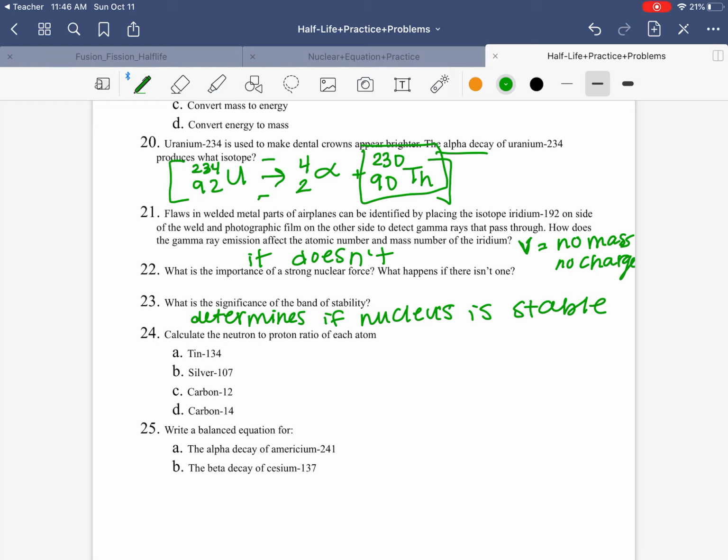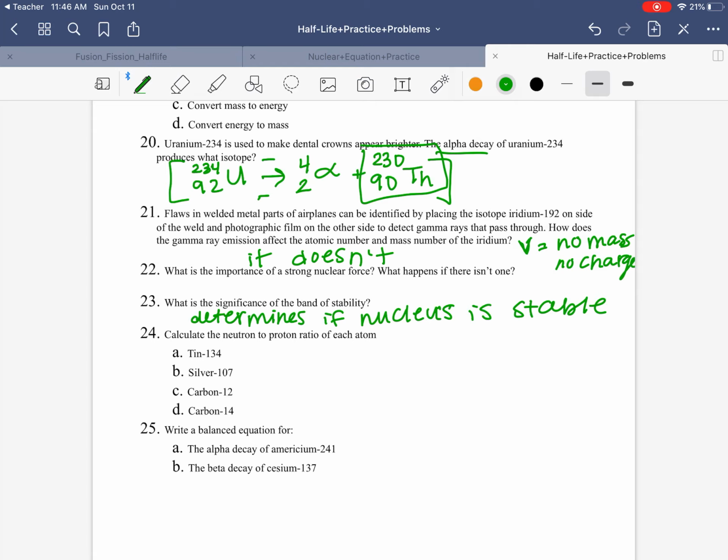I need my textbook. Okay, so tin, 134. Oh my gosh. Oh, there we go.